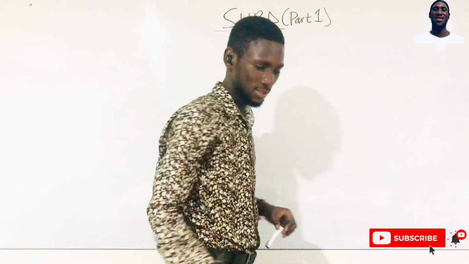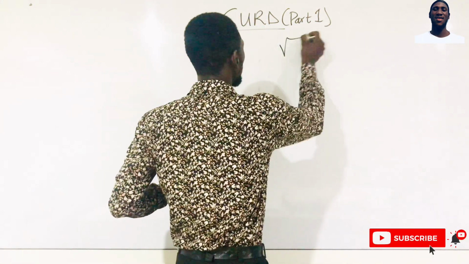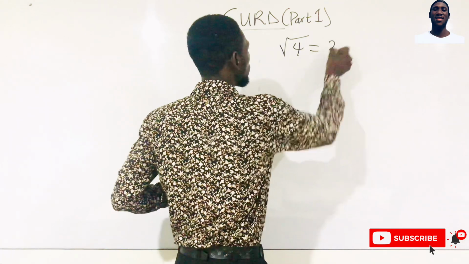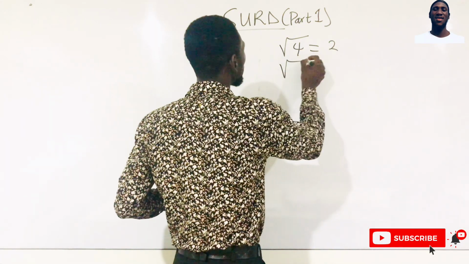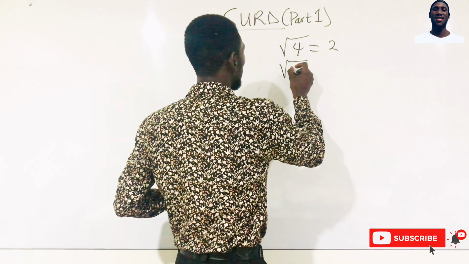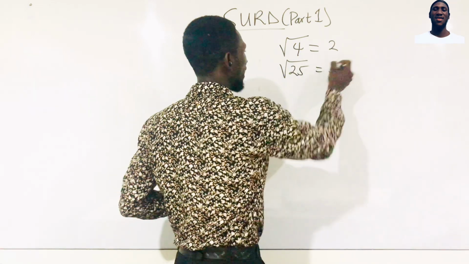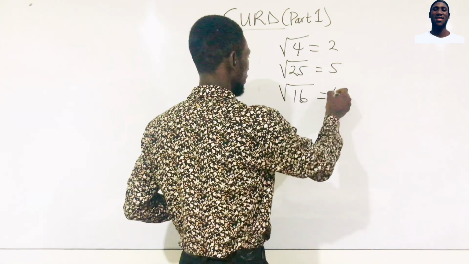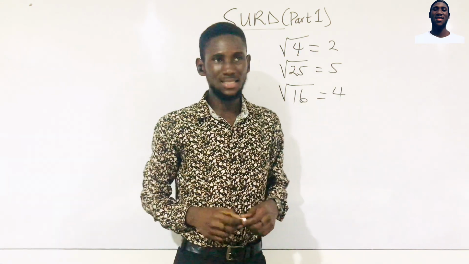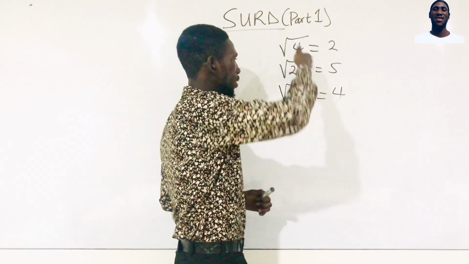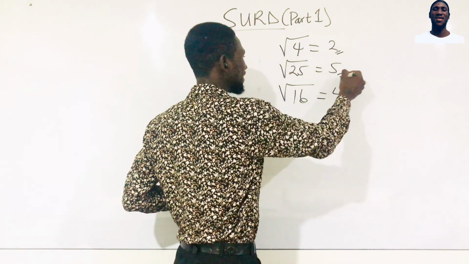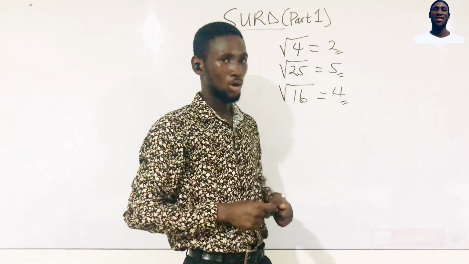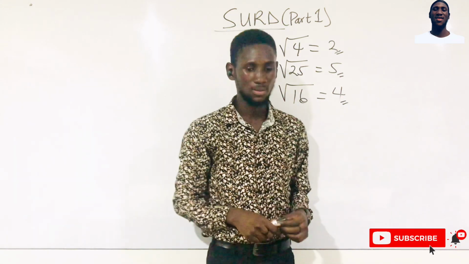Now the thing about square root is that the square root, for example, of 4 is 2. The square root of 25 is 5. The square root of 16 is 4. You do realize that the answer for all these square roots are whole numbers, rational numbers.